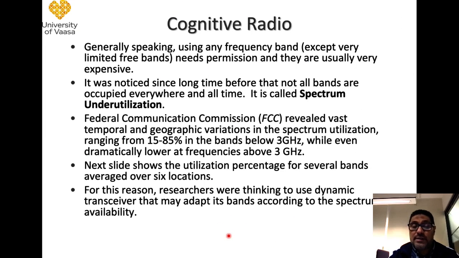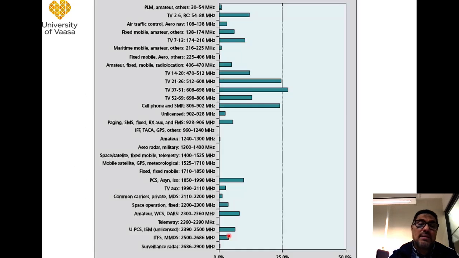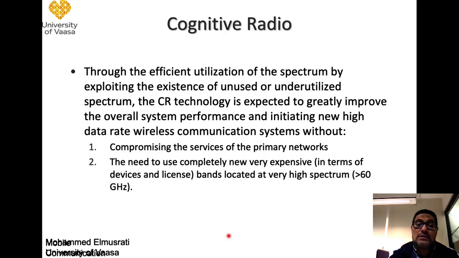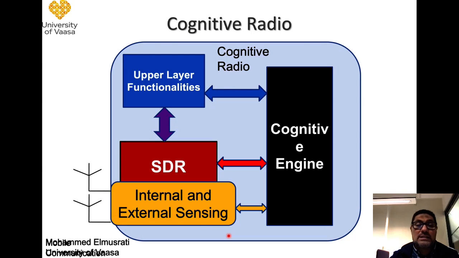Cognitive radios, I already introduced them here, but I will just skip this. But you can see this is part of the structure of the cognitive radio. We have external and internal sensing for the spectrum.